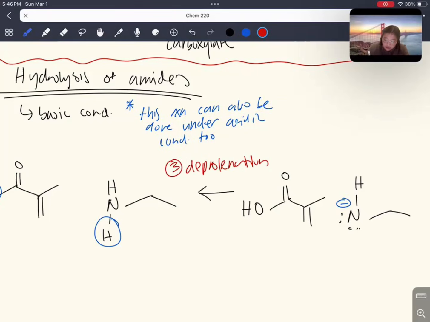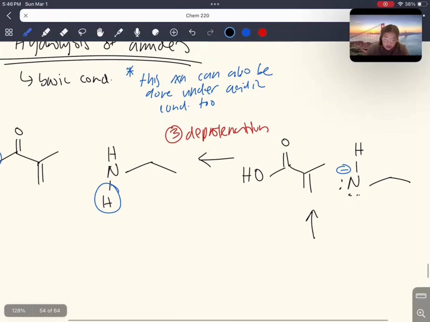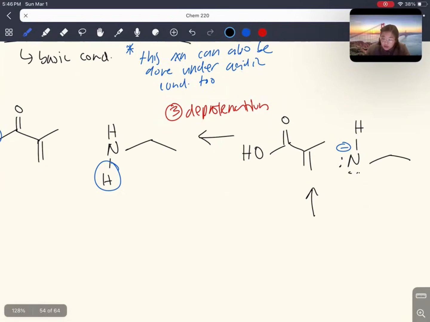And then what was my step before the deprotonation? Well, before the deprotonation was the elimination step, right? And what was I eliminating? I was removing the amine group that used to be attached to the carbonyl carbon. And so now I'm going to draw out the nitrogen attached to the carbonyl oxygen again.